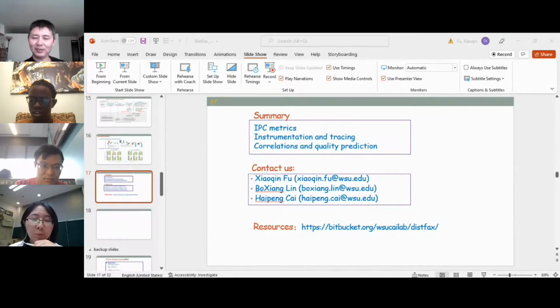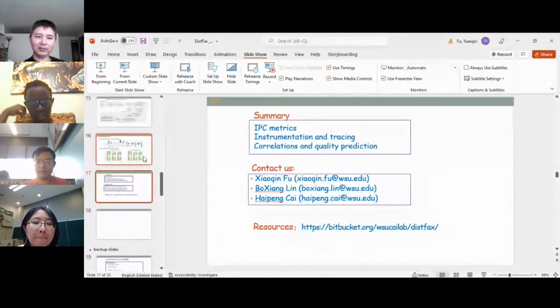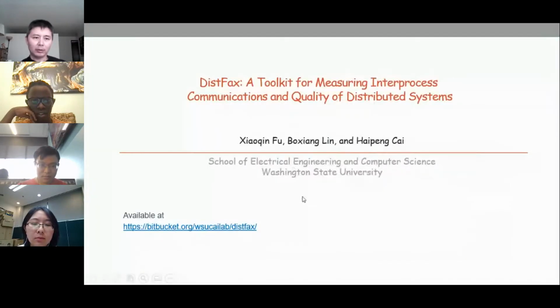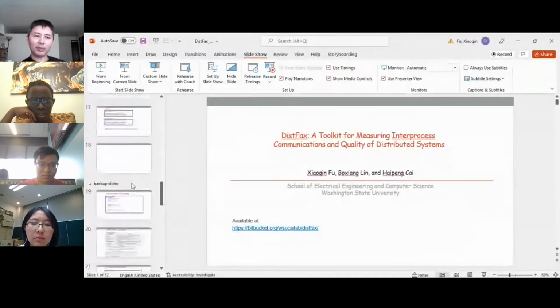Can we know which IPC metrics are more important in measuring the quality of distributed software? You can see this figure. I see the CCC is the most important according to the figure.